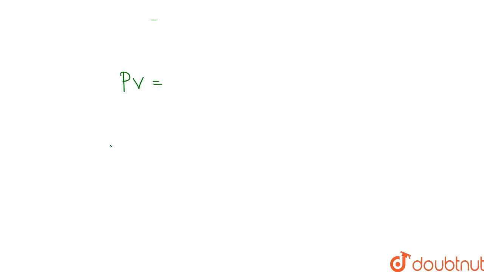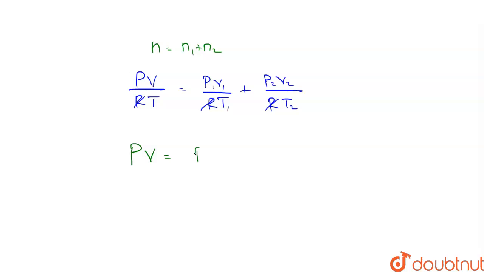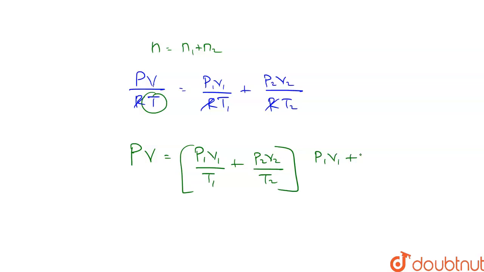So PV by T is equal to P1 V1 by T1 plus P2 V2 by T2. Taking this T to the other side, we get (P1 V1 plus P2 V2) upon (P1 V1 upon T1 plus P2 V2 upon T2).